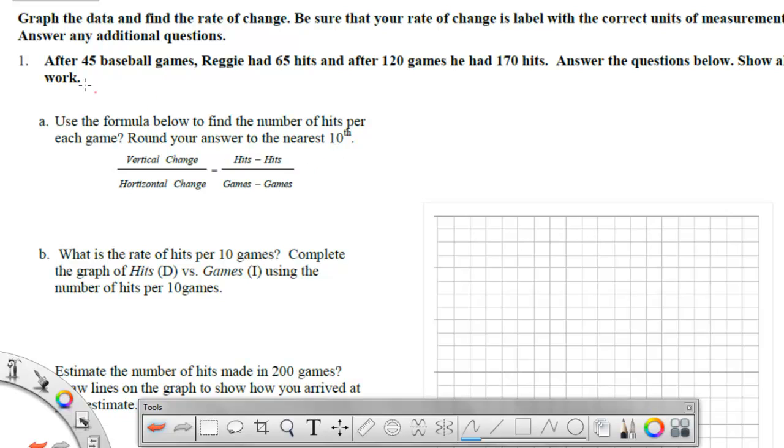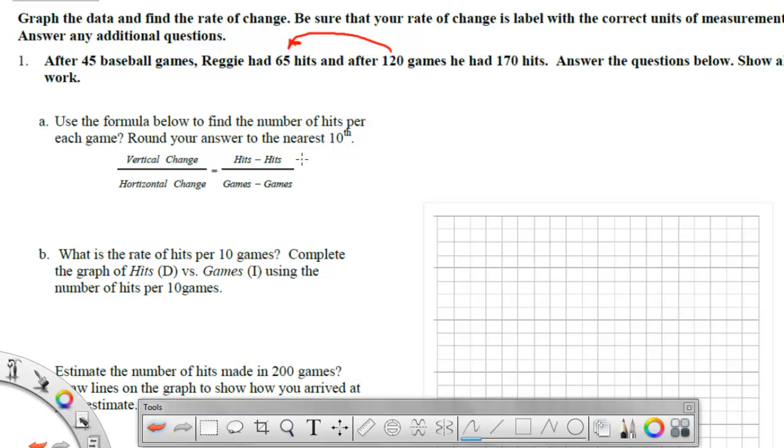Let me go over some of the things that some of you did wrong. Some of you just didn't get it right off the very beginning, so you didn't have a chance to get the problem. Some of you took games and subtracted hits from it. That's not what you're supposed to do. It's games subtract games and hits subtract hits.